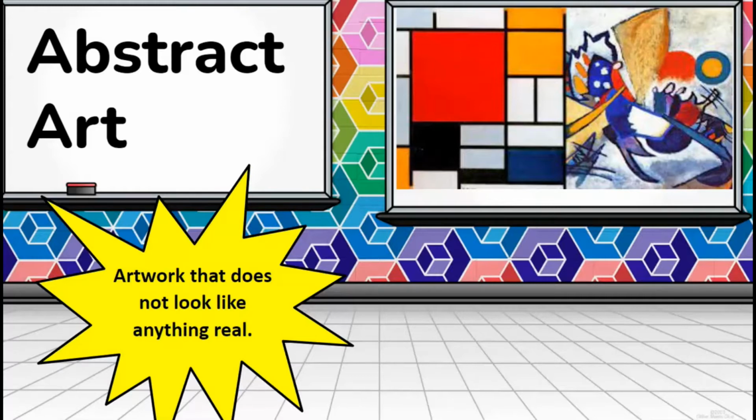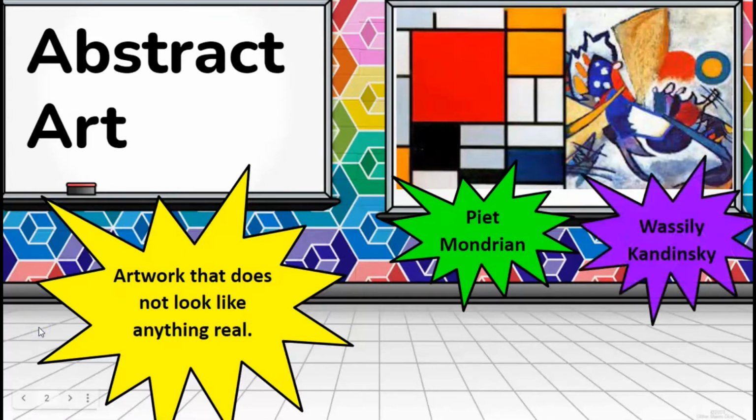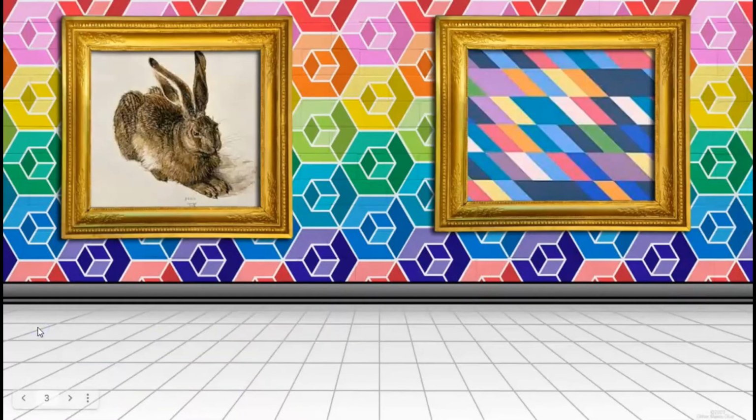We basically see lines, shapes, colors, various elements of art in the artwork, but they don't combine to make anything that looks real. The artwork on the left is by artist Piet Mondrian, and the artwork on the right is by Vasily Kandinsky, and both of these artists are known for their abstract artworks.